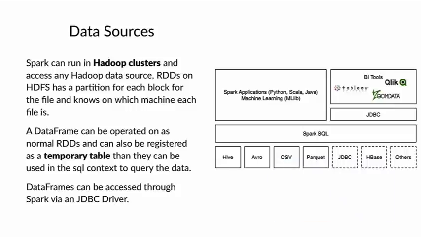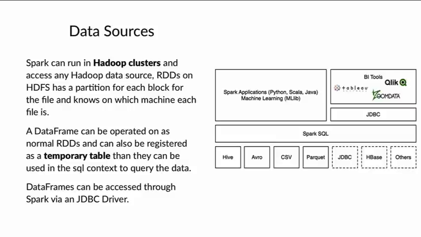So you can talk to different data sources: CSV files, Parquet columnar storage, and you can access external databases. You can use all Hadoop data sources. And what you'll do is import the data source as a data frame in the Spark context, and then you can register them as temporary tables, and then you can use normal SQL statements to talk to them.